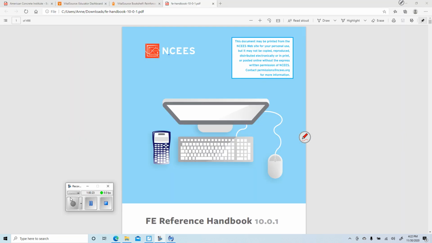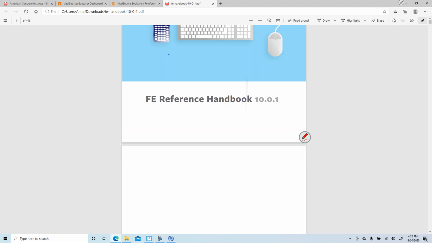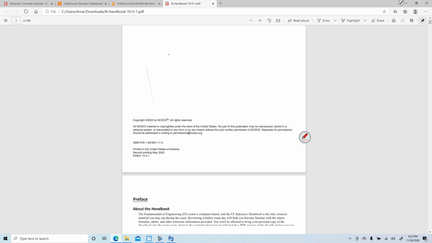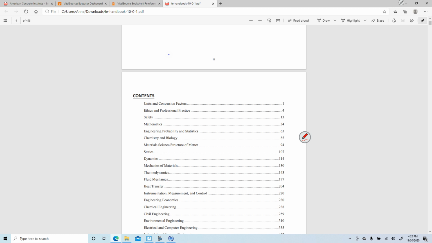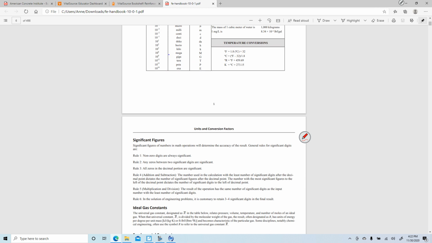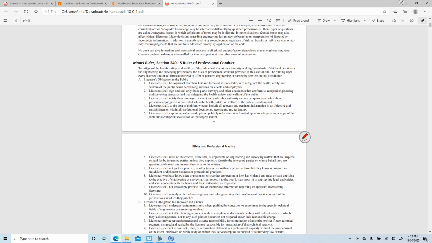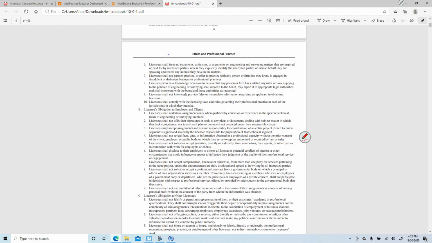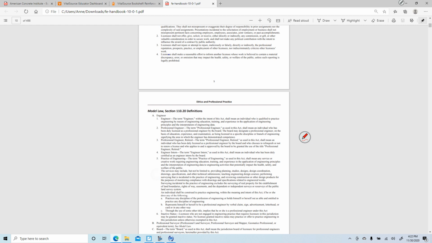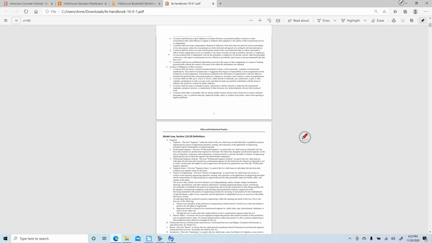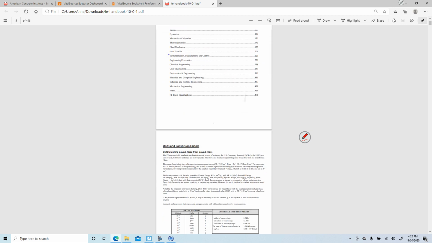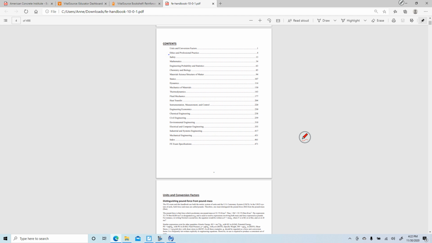If you go and look at the FE handbook, this is the one that you will use when you're taking the FE starting now, which was new as of July 2020. Civil starts at page 259.